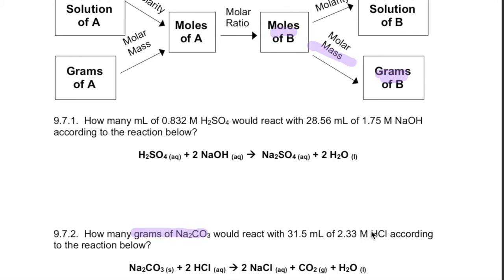What we are starting off with is the volume of a solution with known concentration. So it's like we're starting at this part of the roadmap. We'll use the molarity concentration to get to moles of hydrochloric acid, and then we'll use the coefficients of the reaction to get to moles of sodium carbonate, and we'll need to find the molar mass.